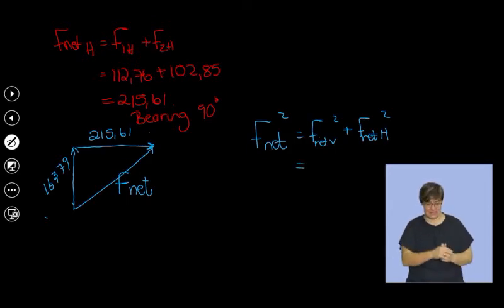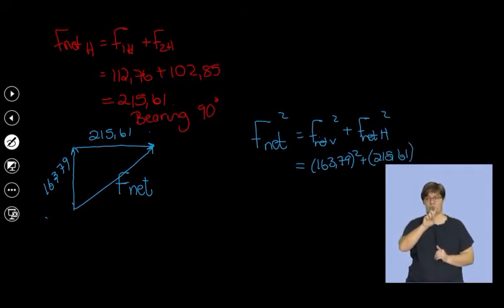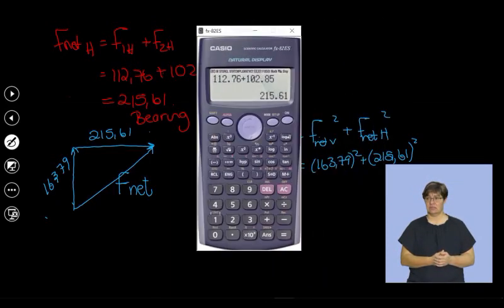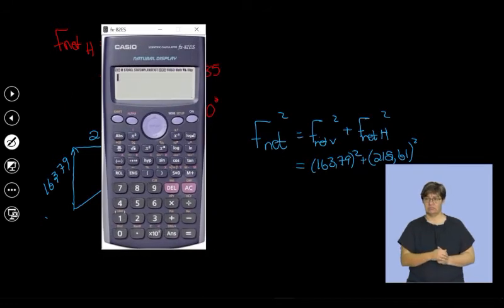So my vertical was 163.79. My horizontal was 215.61. Okay, I definitely can't do this in my head, so let's put this in the calculator. 163.79 squared plus 215.61 squared.